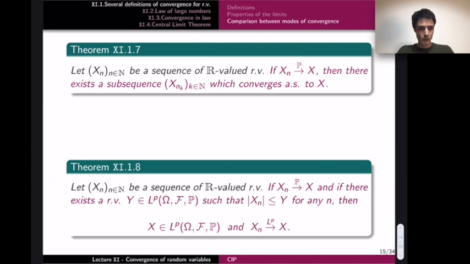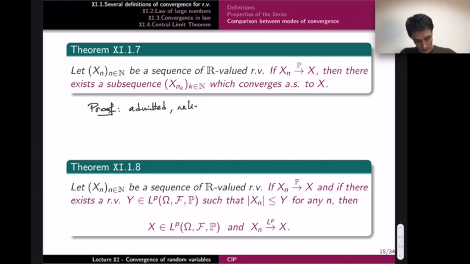So it's kind of weak. The proof relies on Borel-Cantelli's lemma, which you might have heard of, but that we will not discuss. So the proof is admitted.